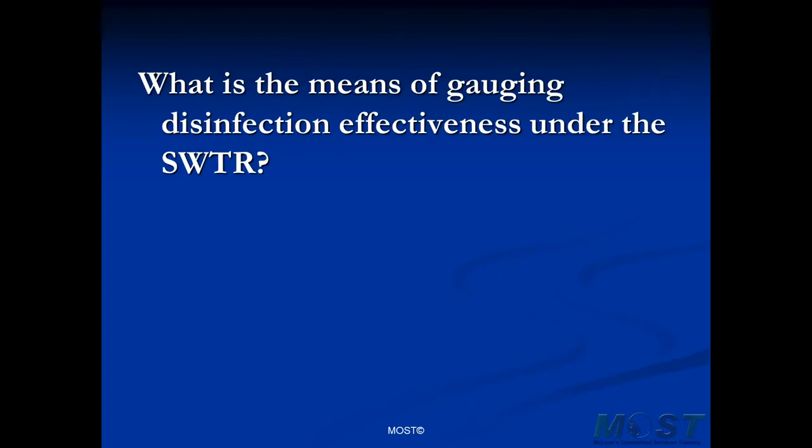What is the means of gauging disinfection effectiveness under the Surface Water Treatment Rule? Well, we saw this right up front. The Surface Water Treatment Rule has given us a second means of determining if our water is safe to drink from a pathogen standpoint, and that means is the CT calculation.